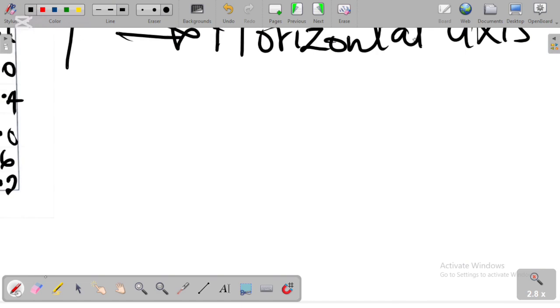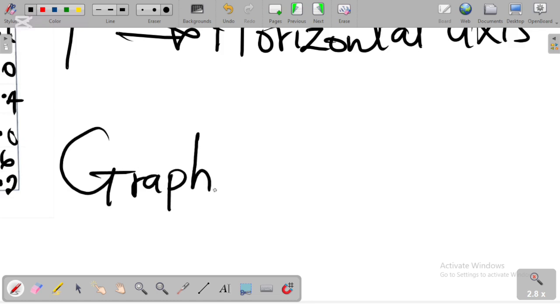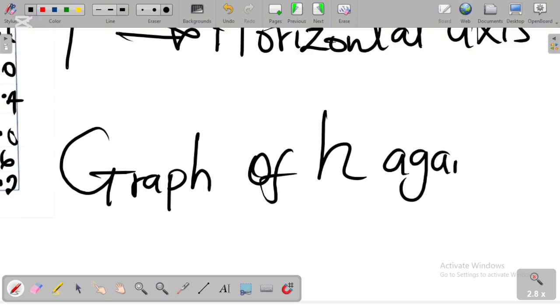All right, so the first task is to write the title of the graph. The title of the graph should be graph of h against what?